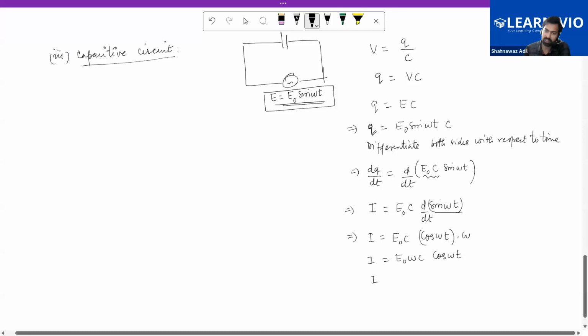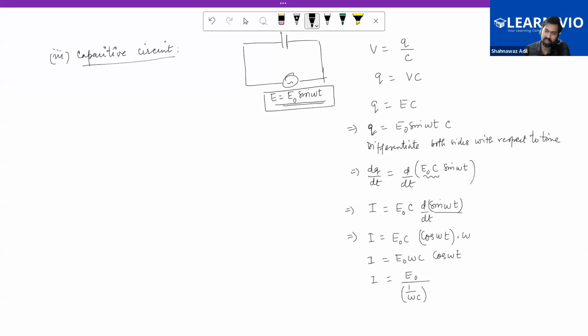So we can write this as E naught, and I can write this omega C as 1 over omega C in the denominator, right? Because ultimately it will go to this place. So this is ultimately E naught omega C, but I am writing it differently because I want something divided by resistance. That is the current, right?